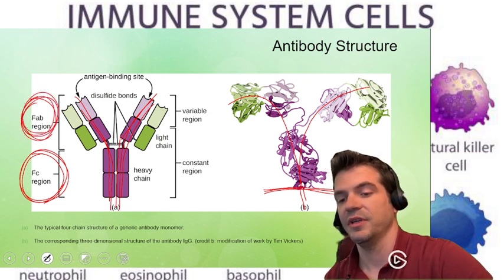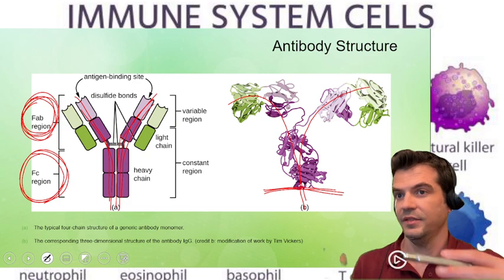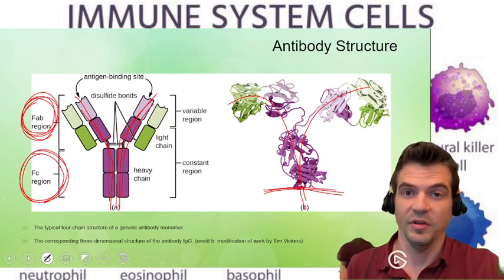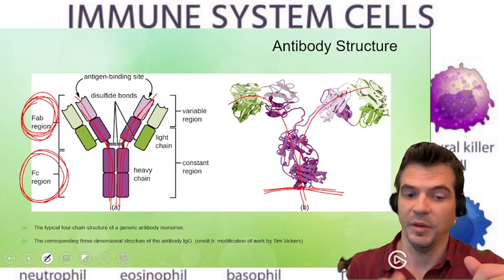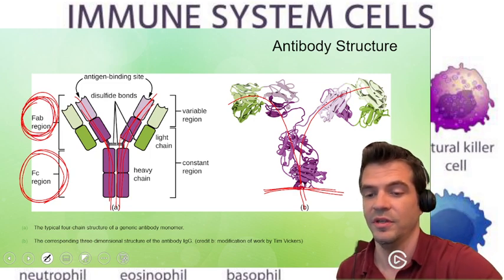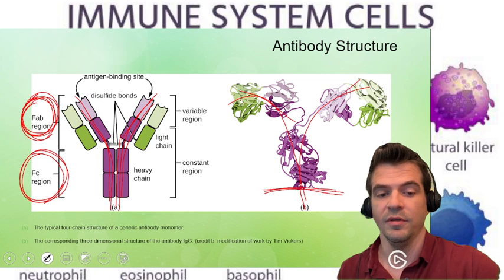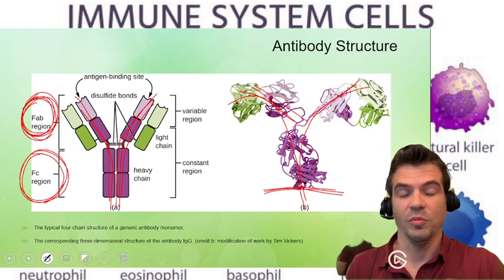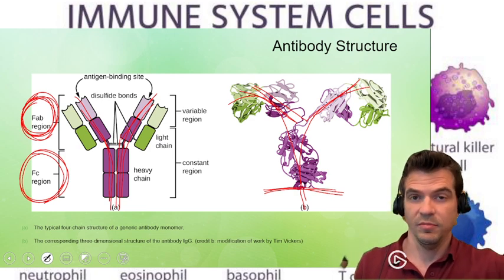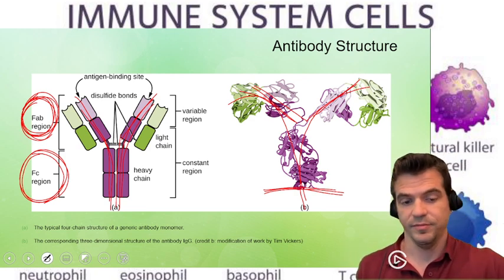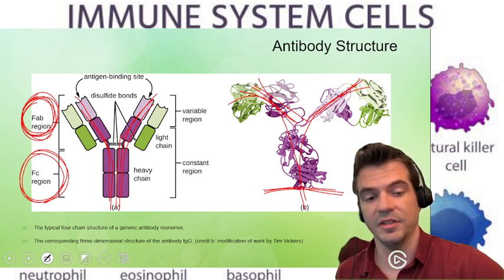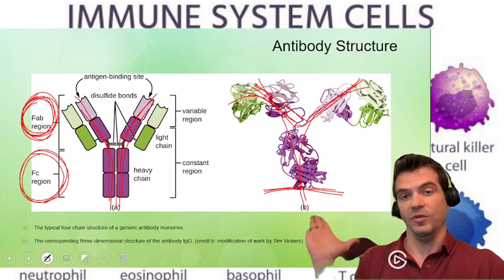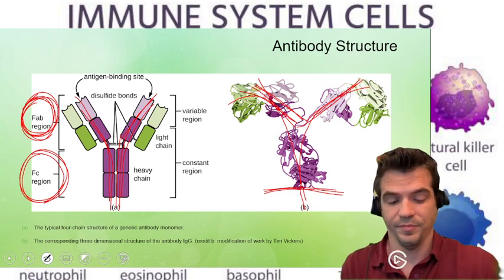They can only recognize certain epitopes, maybe only one, of antigens. So this Fab region, the Y part, or the V part, if you will, is the variable part that recognizes the parts of the pathogen. And this isn't big enough for the whole entire pathogen, right? It only needs to detect a piece of it.